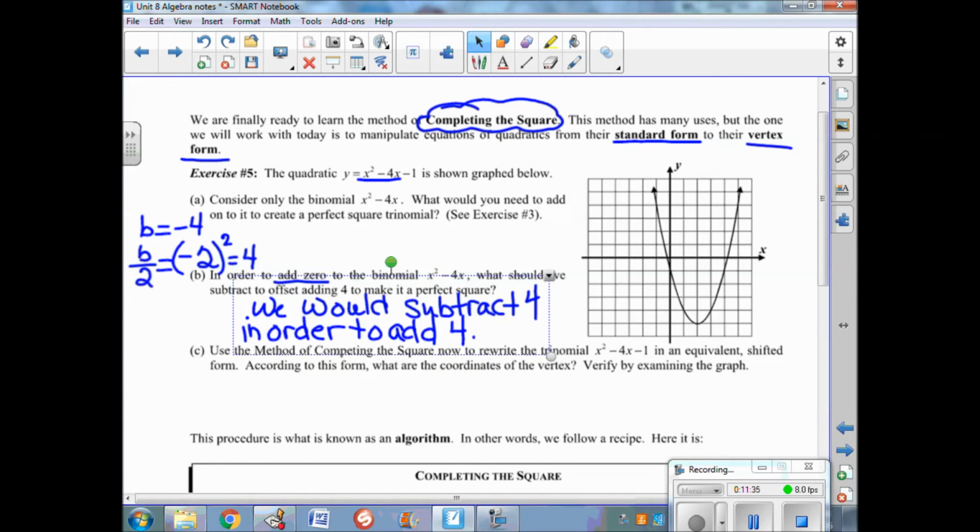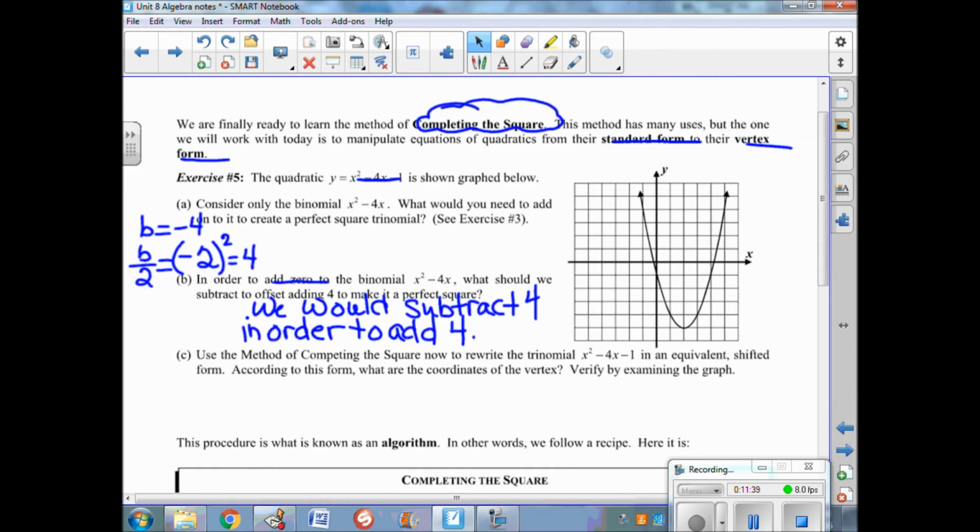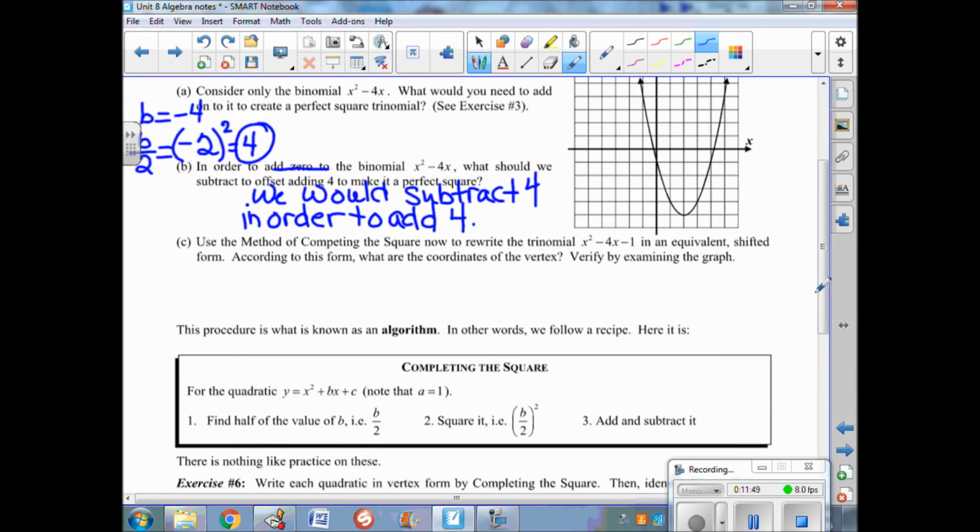All right. There we go. I answered this. Oops. I am clearly a hot mess right now. Here we go. That was our answer to A. That's our answer to B. Okay. Now let's do something with it. It says, using the method of completing the square, now rewrite this trinomial in an equivalent shifted form.